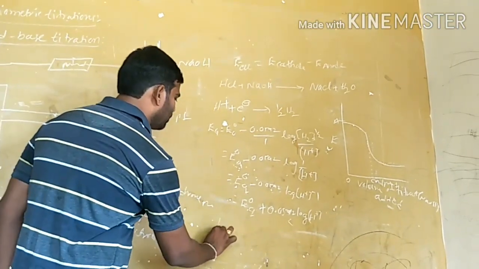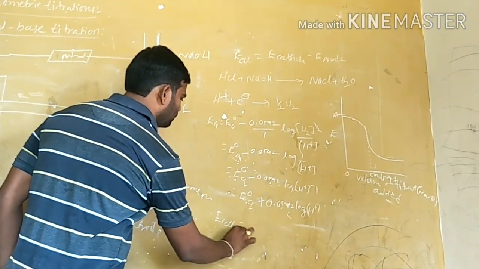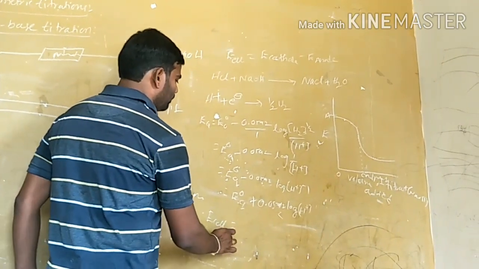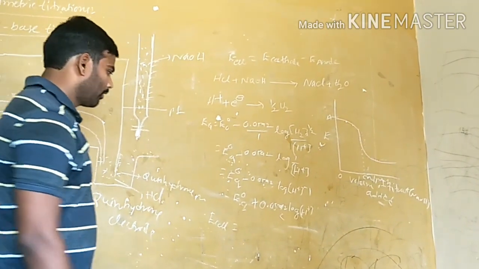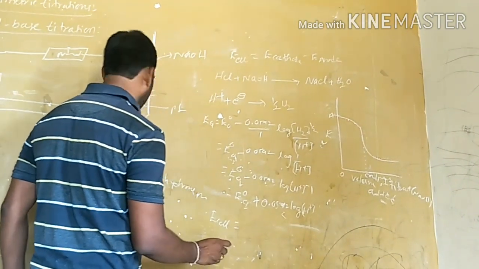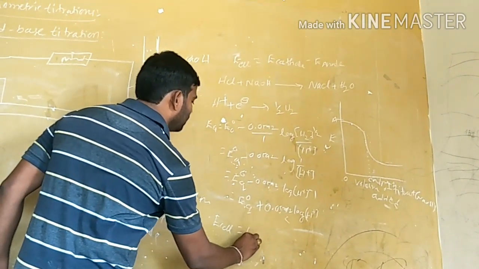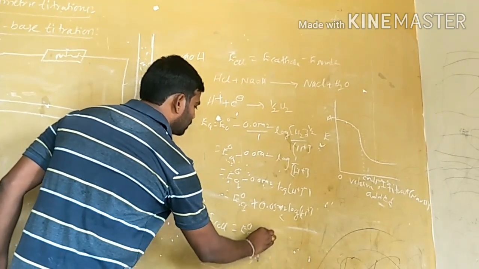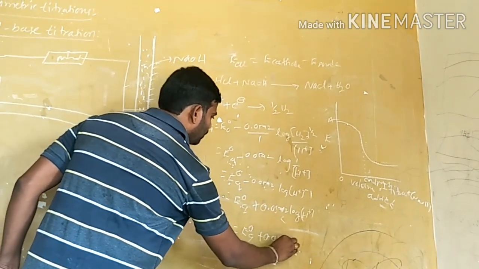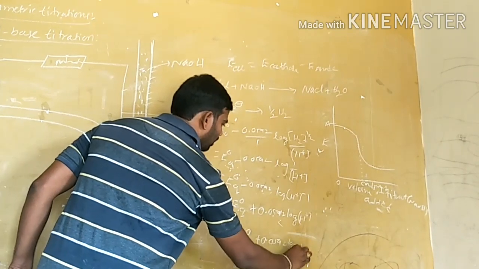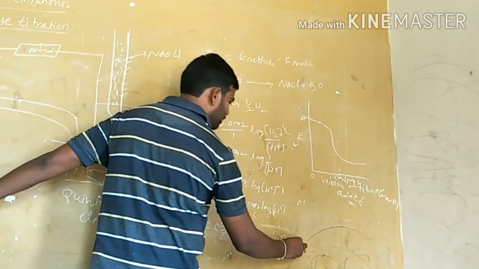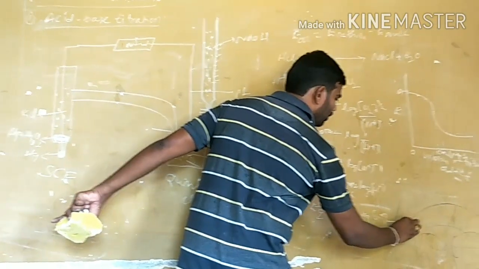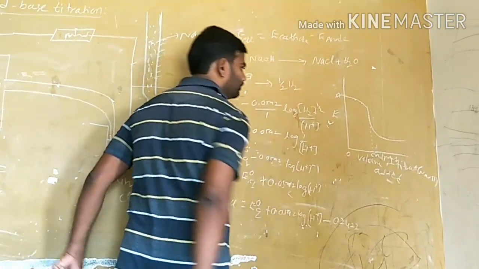Now E cell is equal to E cathode. Cathode is the quinhydron electrode. The value is E naught Q plus 0.0592 log H plus ion concentration minus anode. Anode is what? The reference electrode, that is 0.2422.